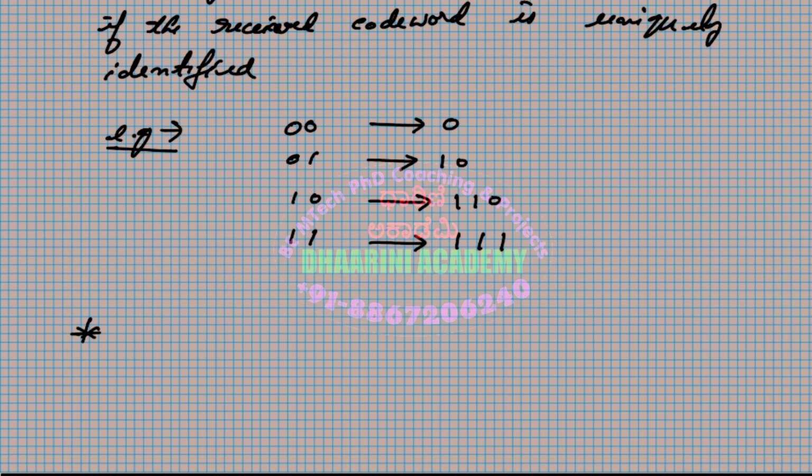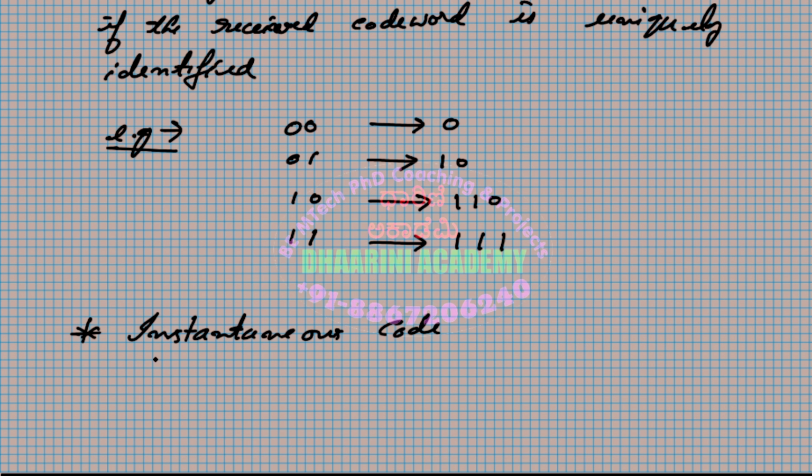The next type, the fourth one, is called the instantaneous code. How do you define the instantaneous code? Whatever is uniquely decodable is said to be an instantaneous code if the end of any code word can be determined without the interpretation of the succeeding symbol.